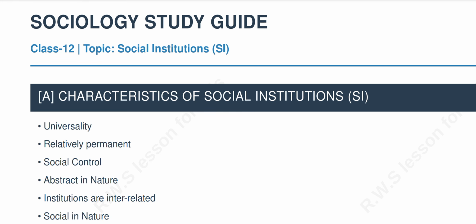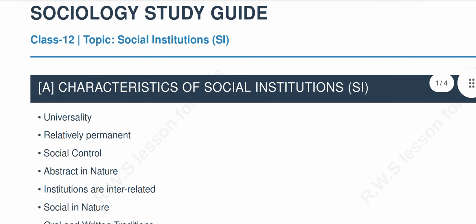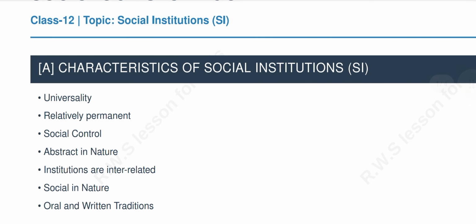So let's start. What are social institutions? Social institutions are basically the foundational building blocks of social organizations that coordinate human behavior and meet the fundamental needs of a society. For example, for living in a society, we need education, we need rules and regulations, we need moral codes, right?